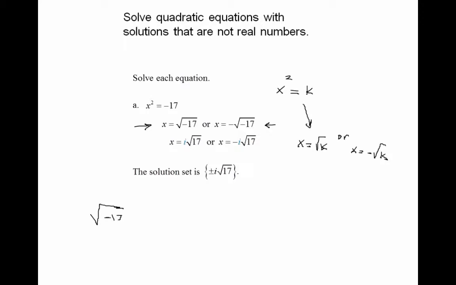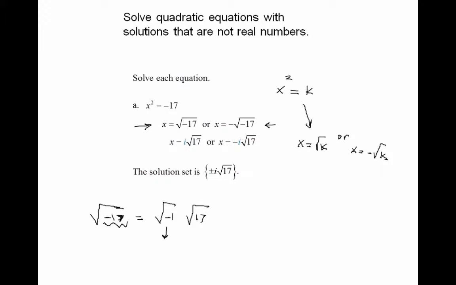We need to simplify that. This would be the same as square root of minus 1 times square root of 17. We can separate this to minus 1 times 17. Anybody remember what square root of minus 1 is equal to?